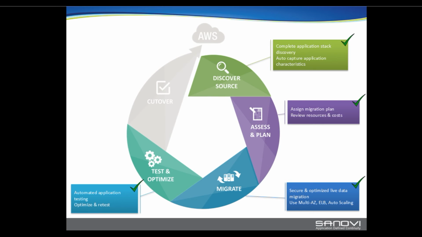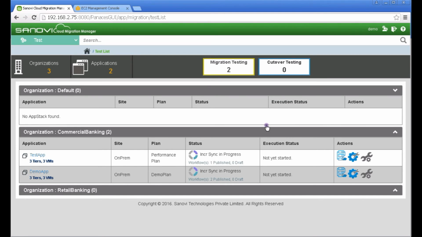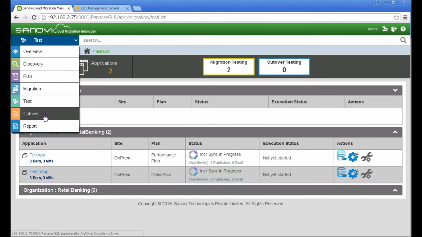Now that the application is tested and it is ready for the cutover phase, where the application is shut down on the source, pending data is synchronized and the workload is brought up on the cloud. Go to the cutover page and click on the Cutover icon.